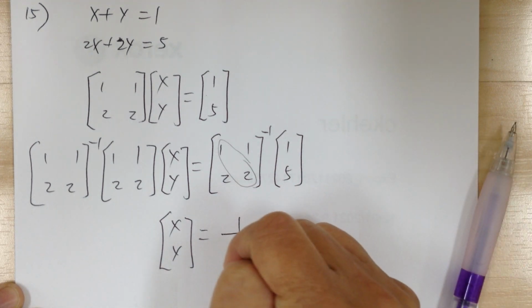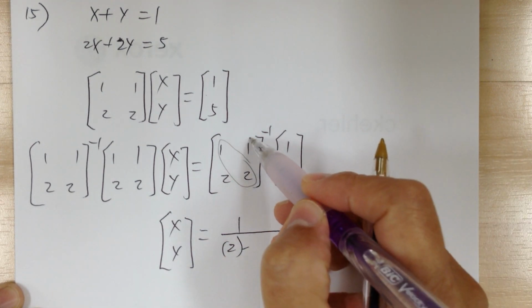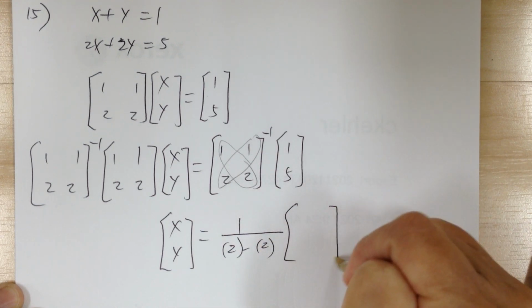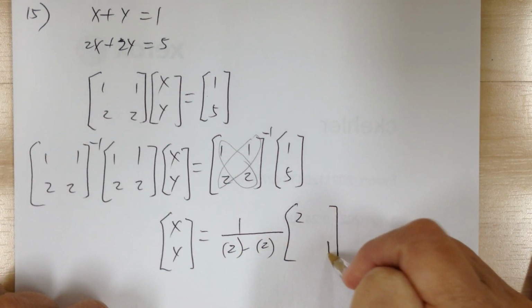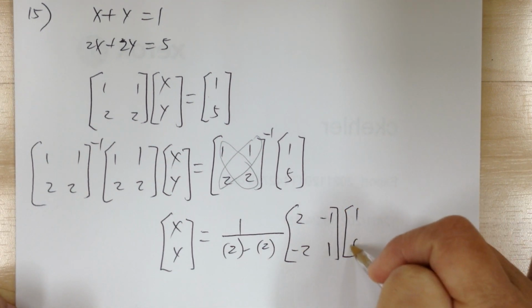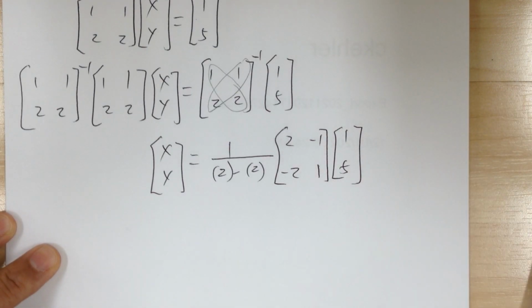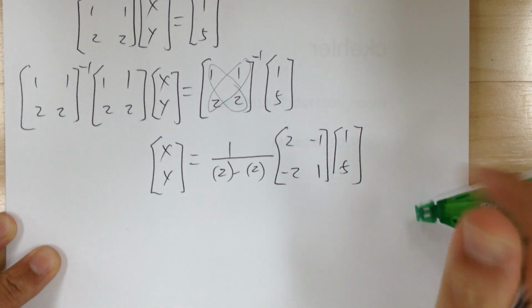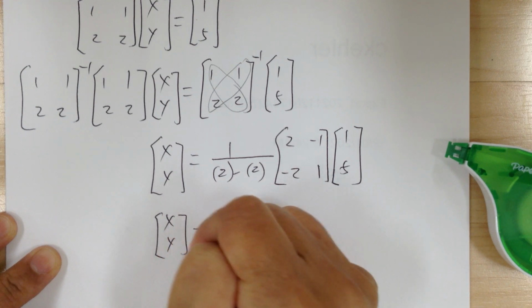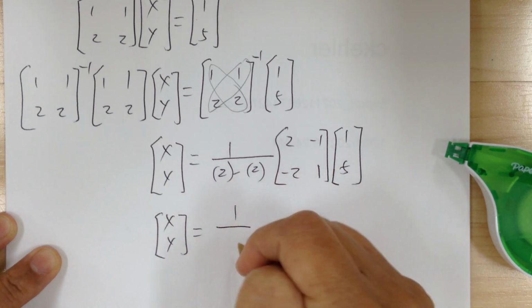That will give me a 2 minus 2, and we have to switch the sign. 2 minus 2 gives you 0.